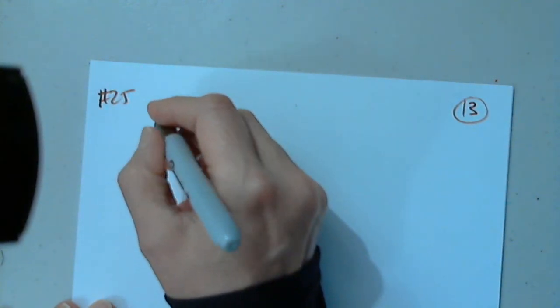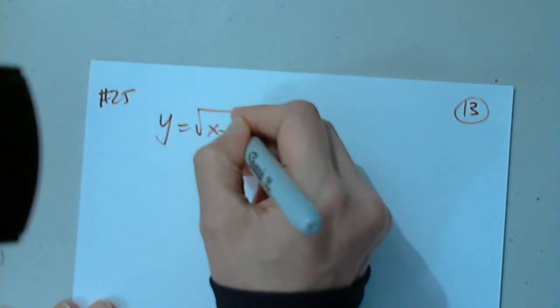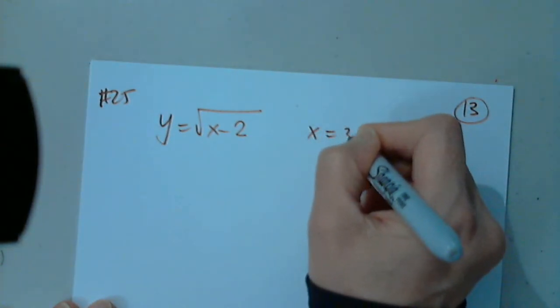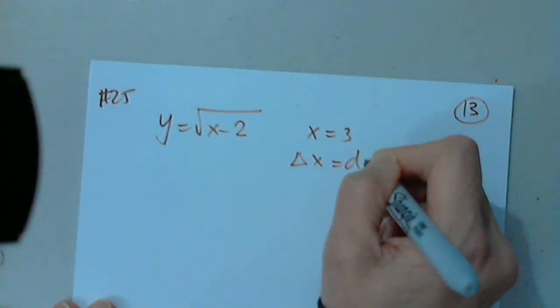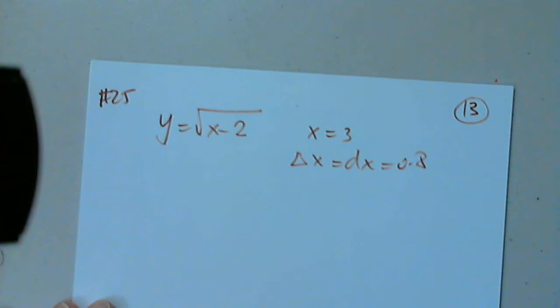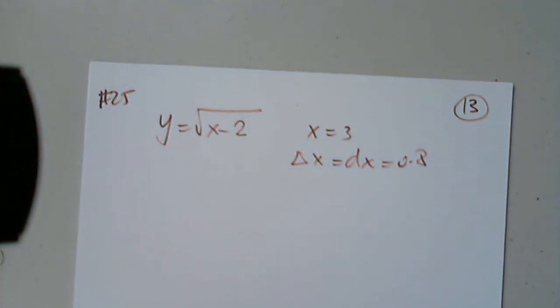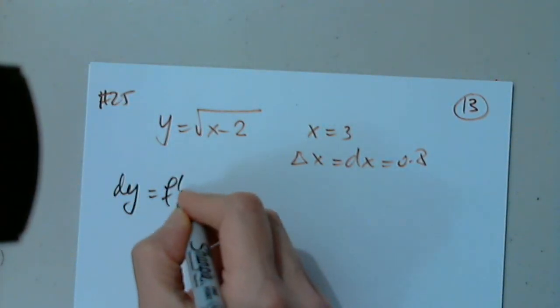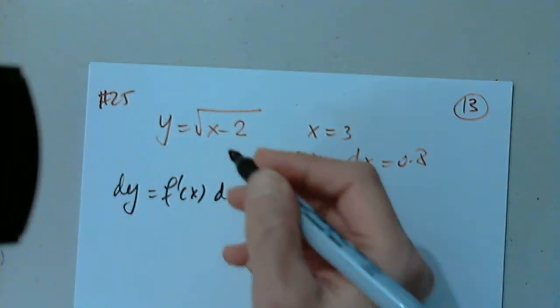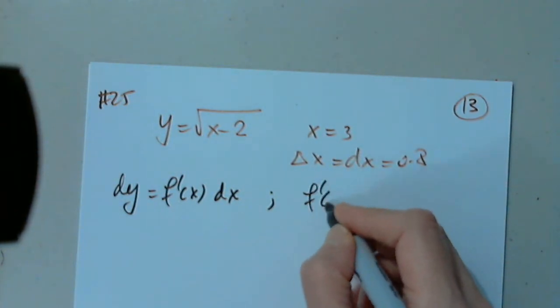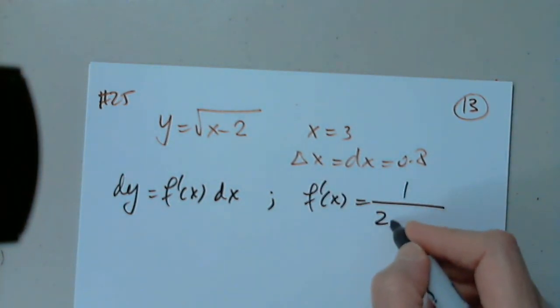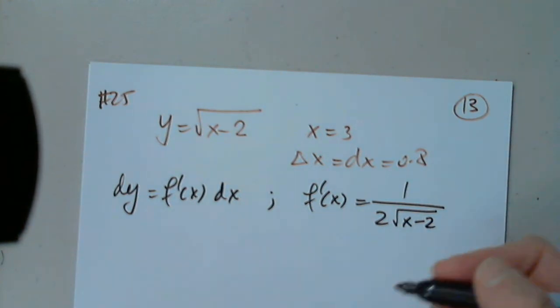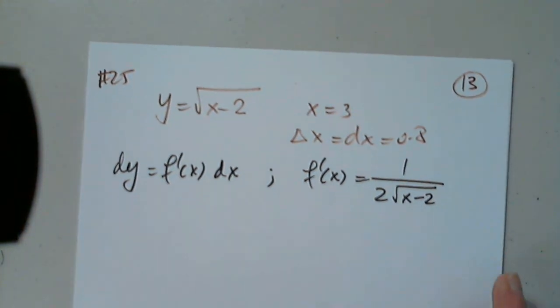In 25, I have y equals the square root of x minus 2, x equals 3, and delta x, which is dx, equals 0.8. Perfect. So I'll start with the easy step with dy, which is f prime of x dx. I will find f prime is 1 over 2 the square root of x minus 2 times the inner function prime, but it's 1.